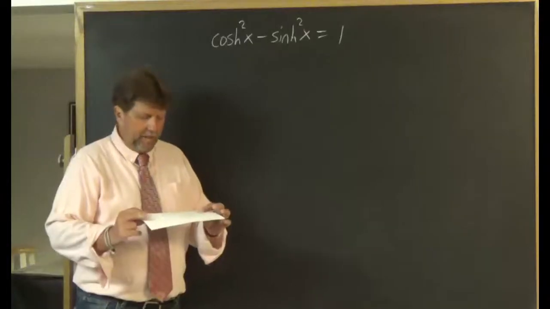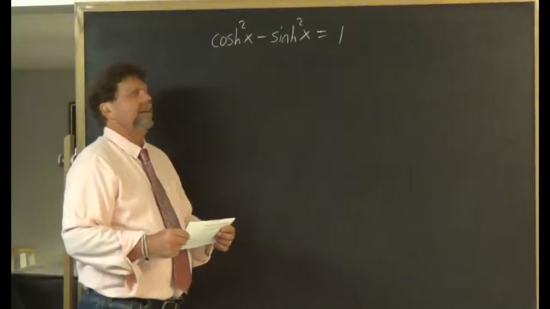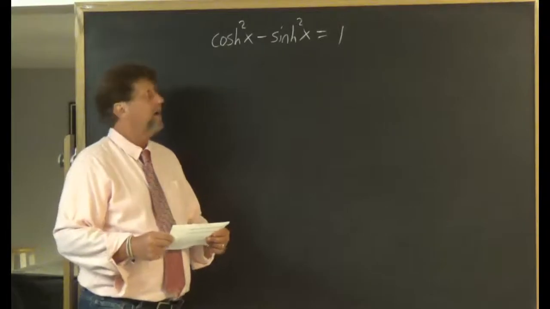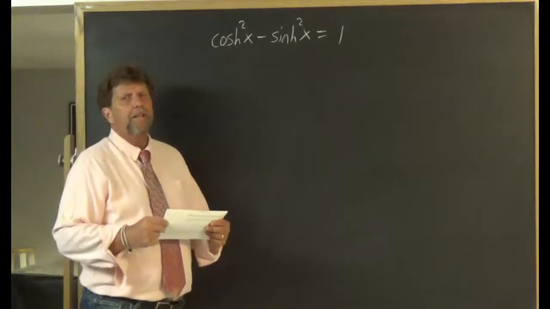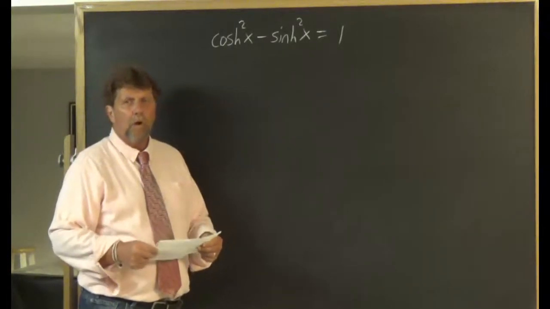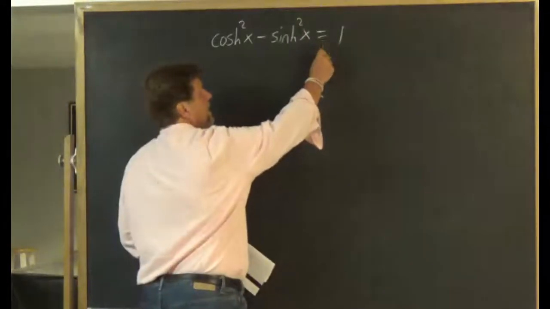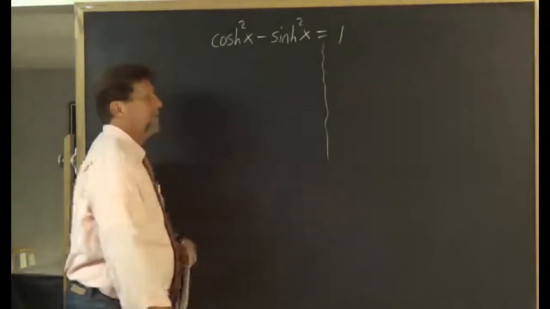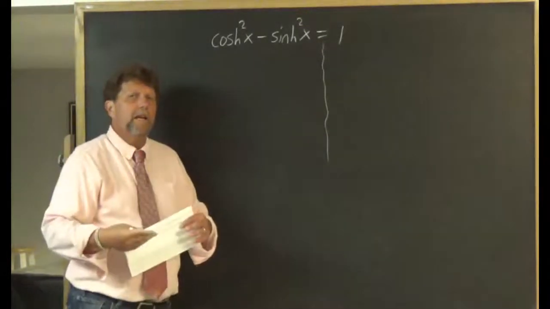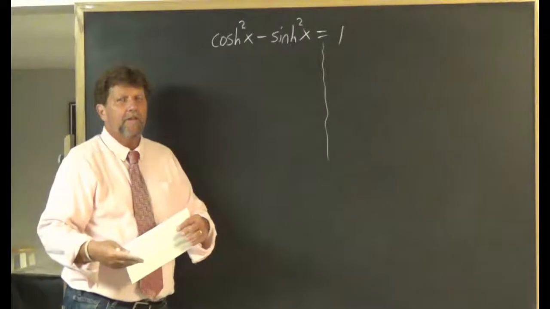All right, I said we'd head to the board to verify the identity hyperbolic cosine squared x minus hyperbolic sine squared x equals 1. Well, just like in verifying trig identities, you do all your work on one side of it and try to get it to match the other side.